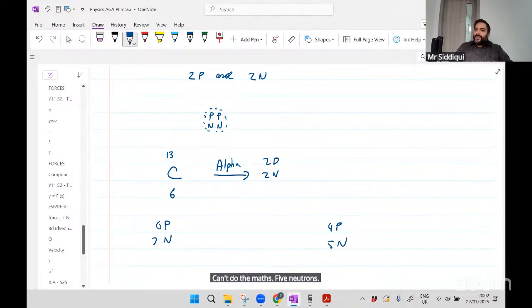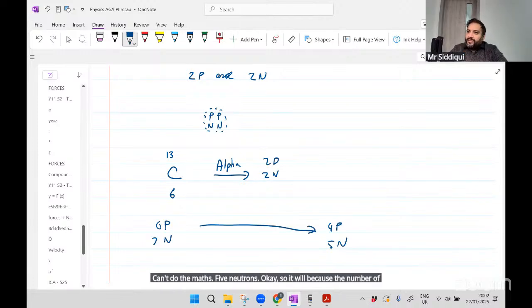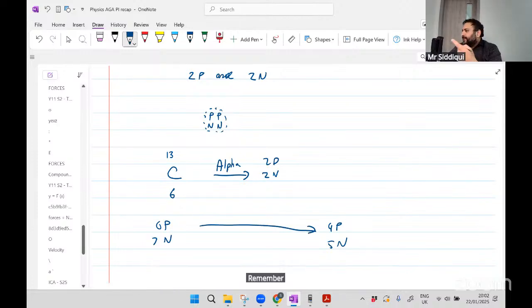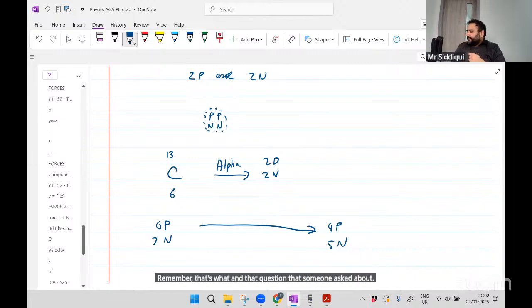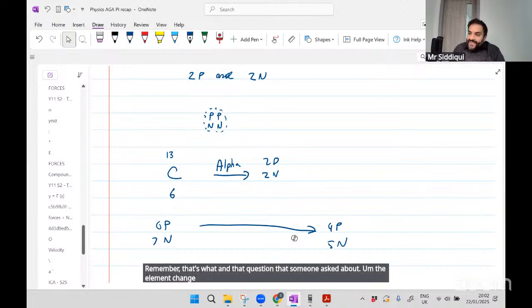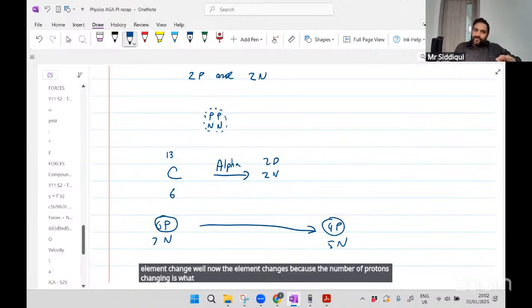Okay, so because the number of protons has changed, remember that question that someone asked about the element changing? Well, now the element changes, because the number of protons changing is what makes an element change. The neutrons changing actually has no effect on the element itself.